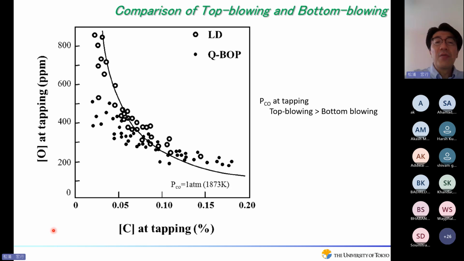So, firstly, why are the inclusions very difficult to avoid forming? This figure shows the oxygen concentration at the end of the converter process. In this figure, you can see two cases using the LD converter or the bottom blowing converter. This figure shows a relation between the carbon content and the oxygen content.